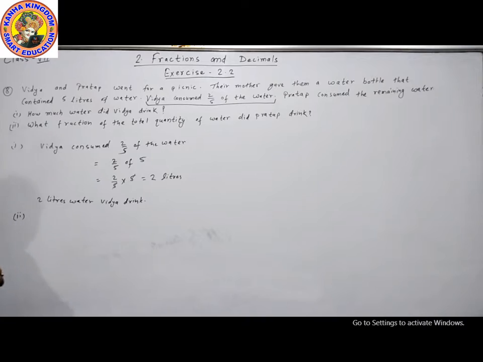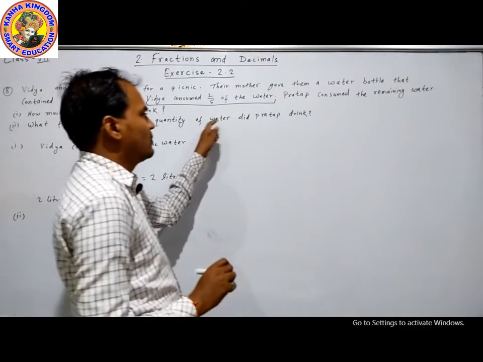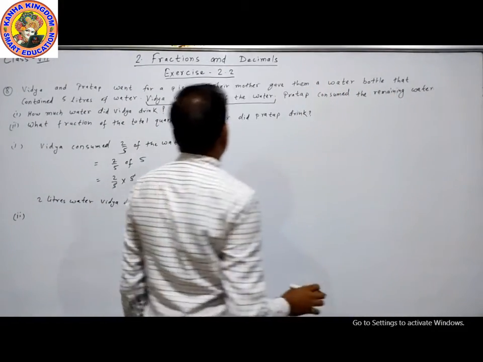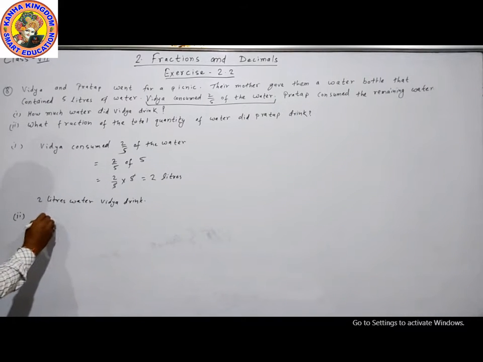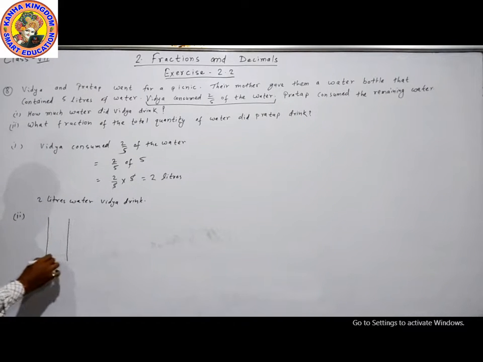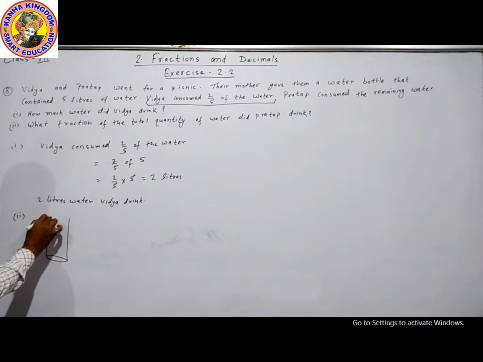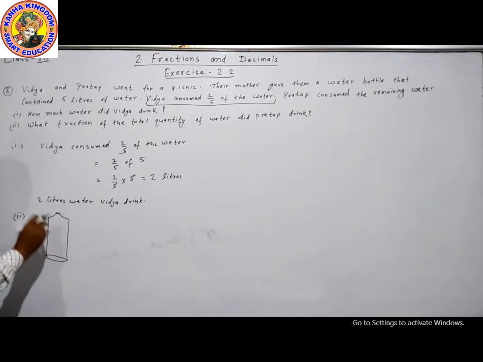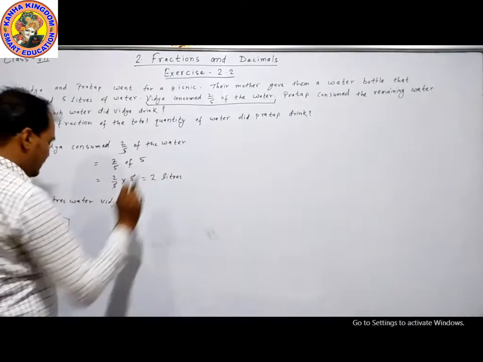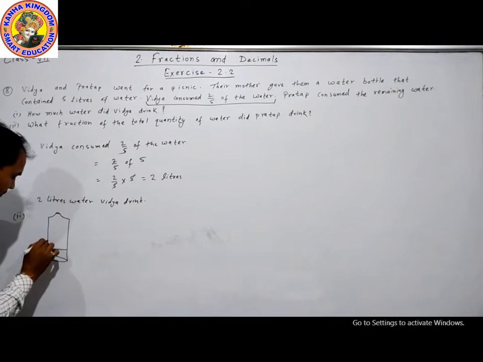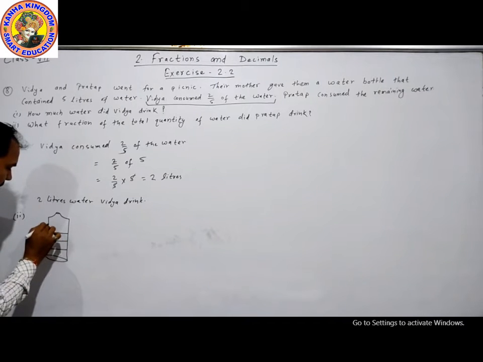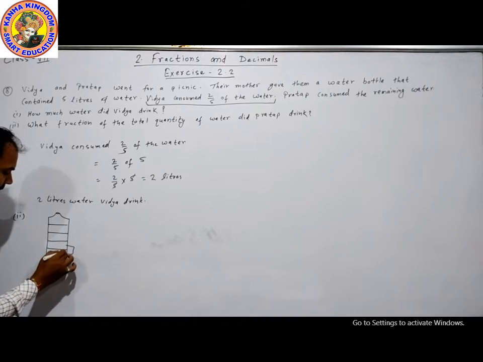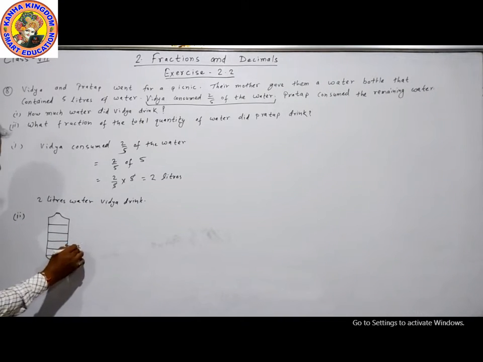In the second part, what fraction of the total quantity of water did Pratap drink? Pratap consumed the remaining water. Here I draw a water bottle which has 5 parts: 1, 2, 3, 4 and 5. 2 by 5 part.